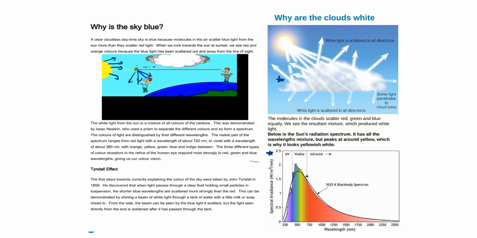And as you can see, we have purple, blue, green, yellow, red, infrared, a little bit of UV. We know the sun emits at UV. We always put sunscreen to protect from that and so on. But it peaks about here. It peaks about the yellowish green. Since it has all the spectrum, they all make it look yellowish white.